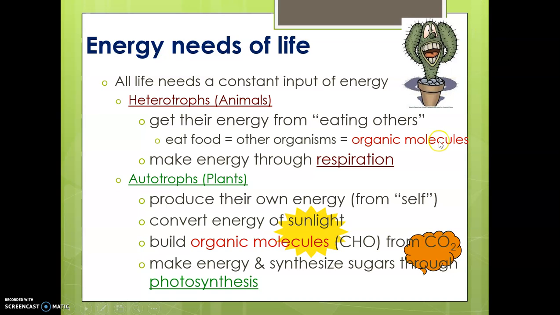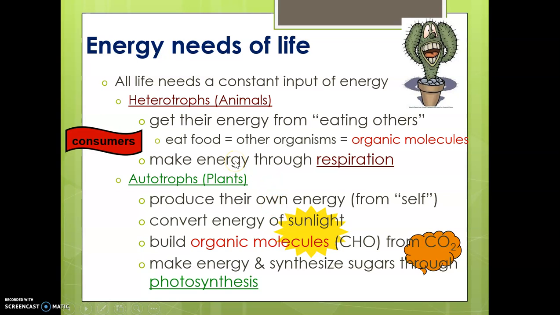We are heterotrophs. We are animals. We have to eat other organisms in order to get our energy, and then we take that glucose and make energy through cellular respiration. Plants take in the energy and make the glucose that they can use to perform daily functions.